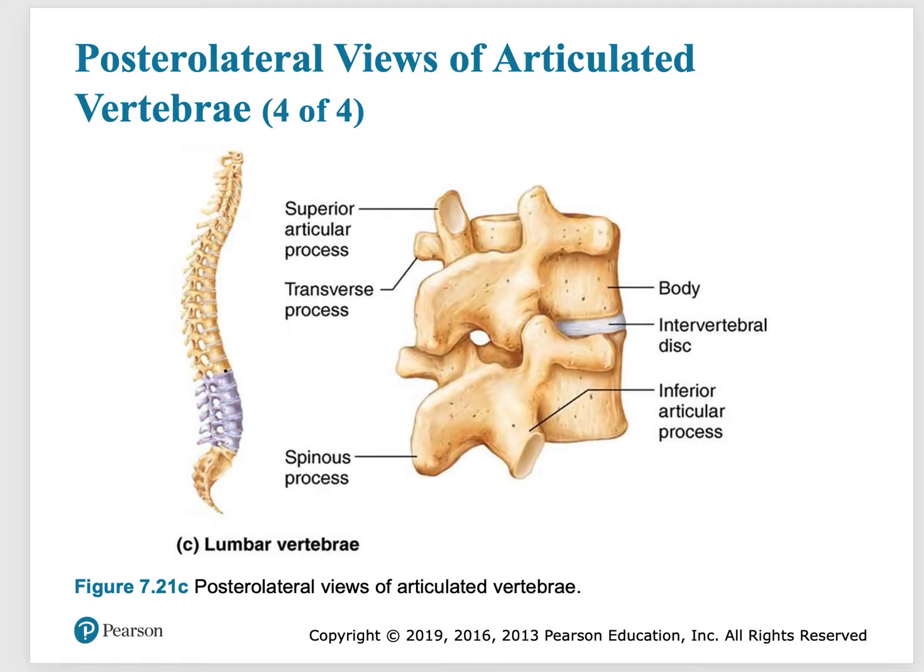Here is our lumbar. These are going to be the thickest. So if you're ever confused, you're kind of looking and comparing the different types of vertebrae, these are going to have the thickest bodies and kind of some of the shorter spinous processes. Because they hold the most weight, this is why they're so thick right here in the lumbar vertebrae. They hold most of the weight of the body.